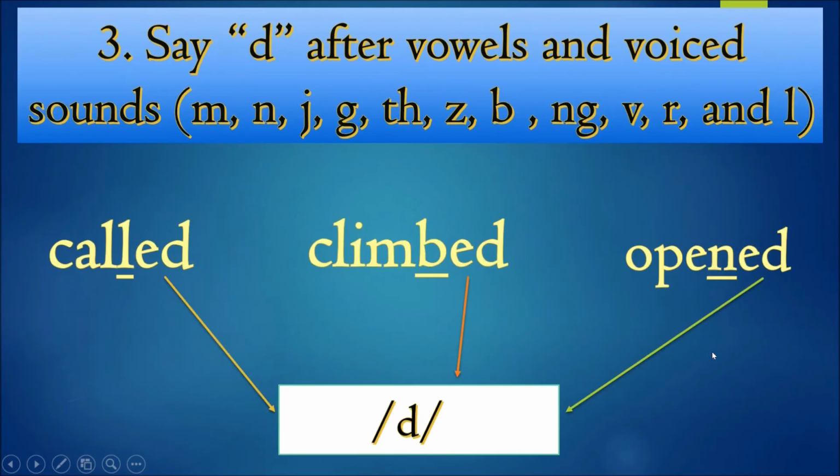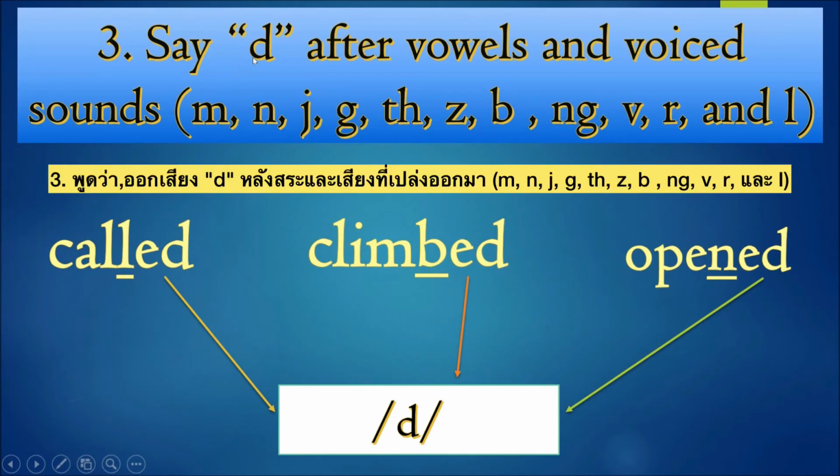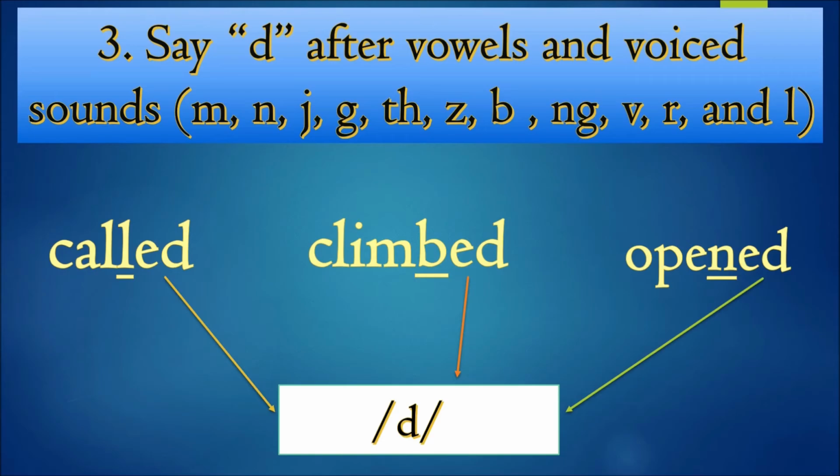Next, let's have number 3. Say d after vowels and voiced sounds. It means if the letters have sound, when you sound the letters, it will vibrate your neck. Okay? So like m.